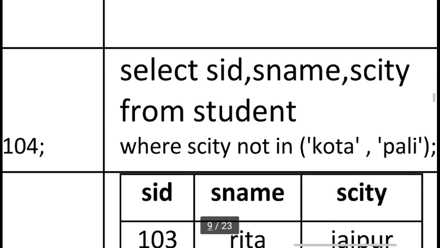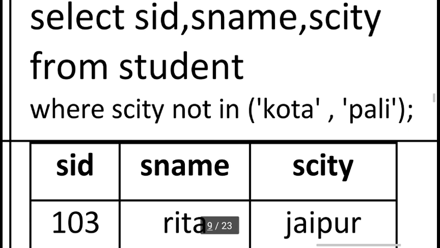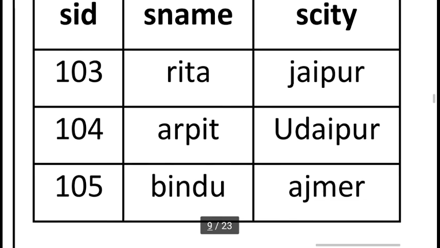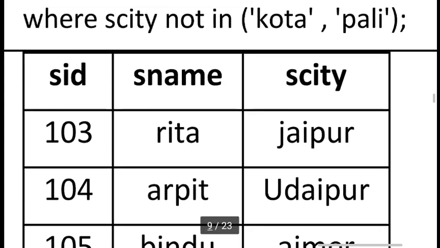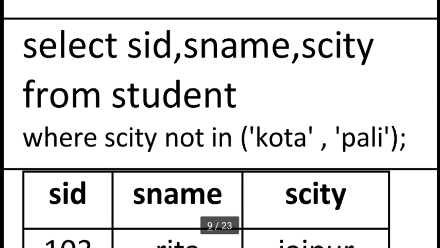Or suppose you want to exclude these in the result. Here you mention ACT NOT IN Kota and Pali. So Kota and Pali results will not be included, only Jaipur, Udaipur and so on. So we can also reverse this result with the help of IN list, excluding in a list. So we can use ACT NOT IN.